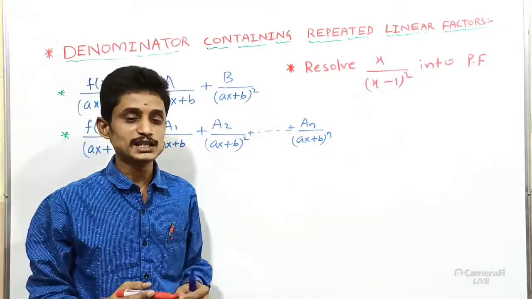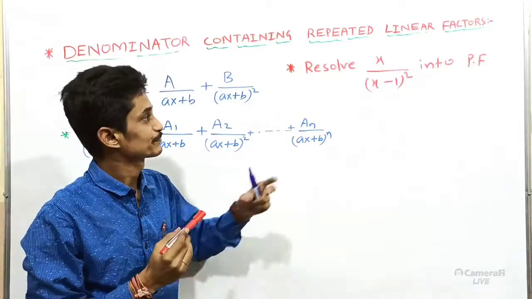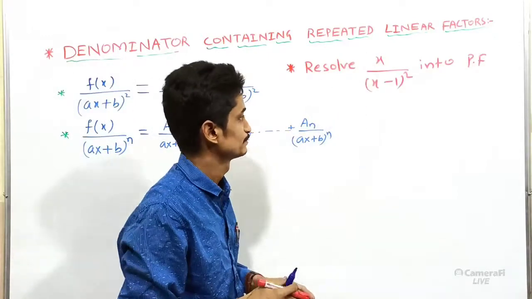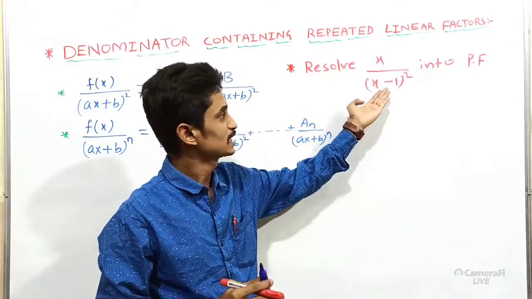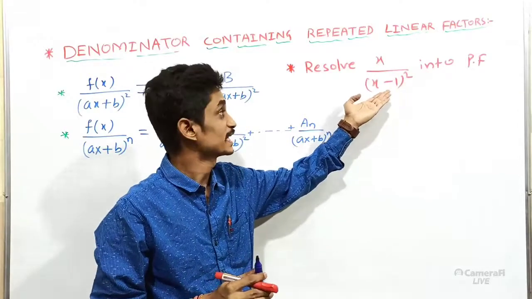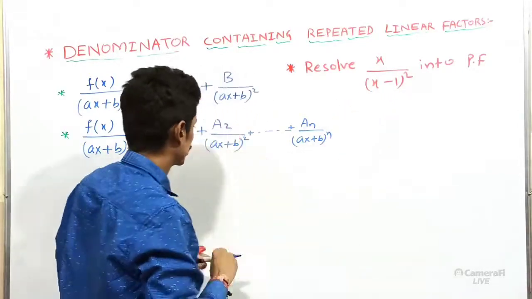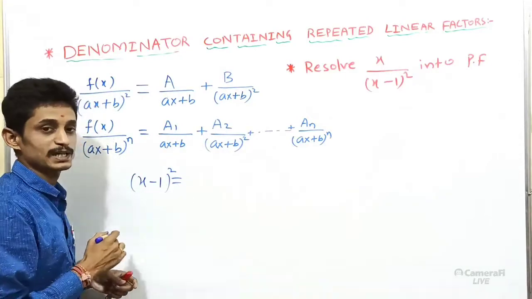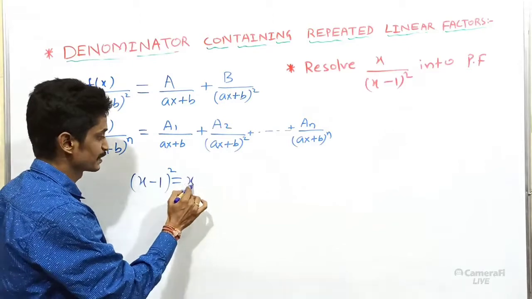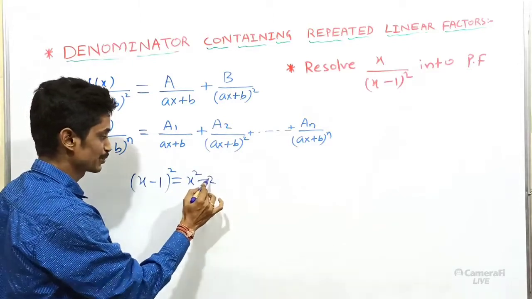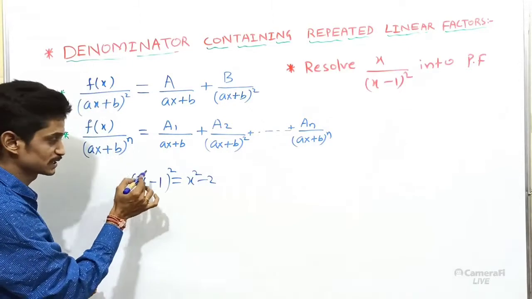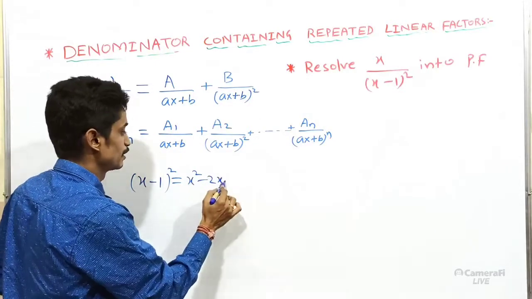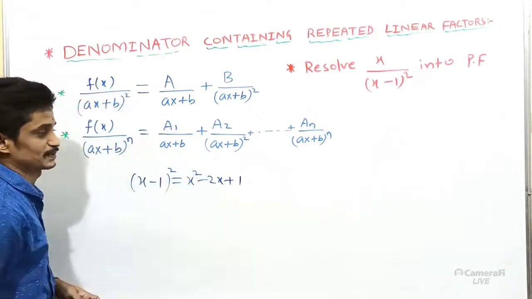So just look at the numerator part, a linear polynomial. It means degree 1. Here the denominator x minus 1 whole square is a quadratic polynomial, because x minus 1 whole square, just apply the a minus b whole square formula: a square is x square, minus 2ab is 2 into x into 1, that is 2x, plus b square value 1.